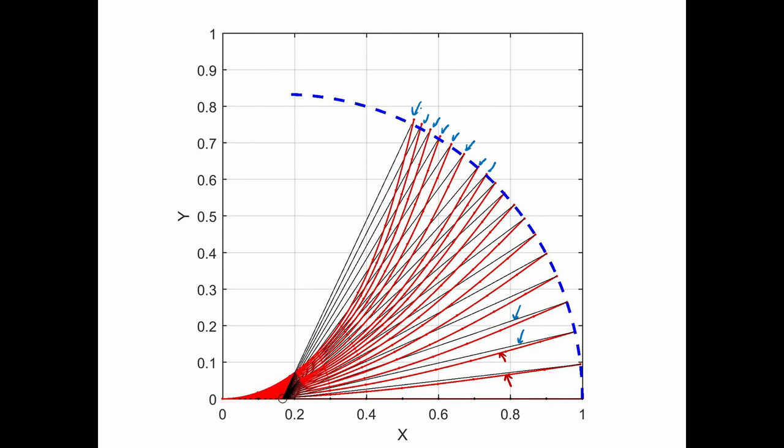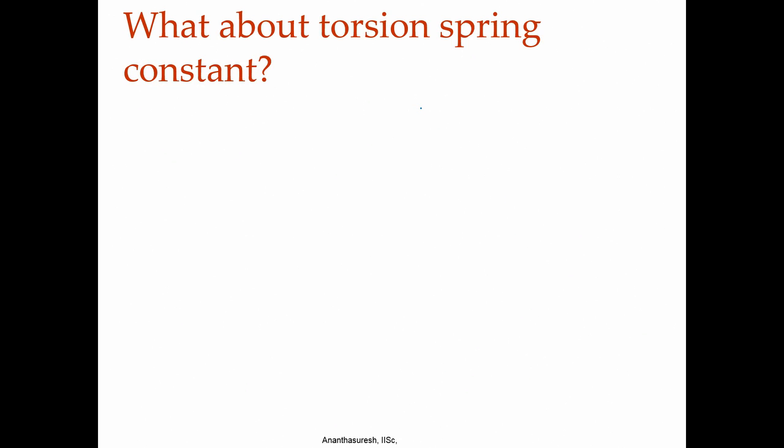Okay. So, now if we see that kinematically this works very well, what about the torsion spring constant? Because if I have a cantilever beam, let us say I have a force here, I know that it deflects like this, and this can approximate this circle there.